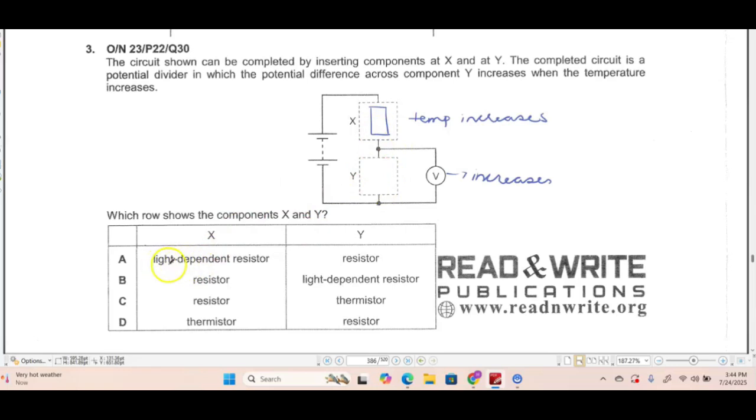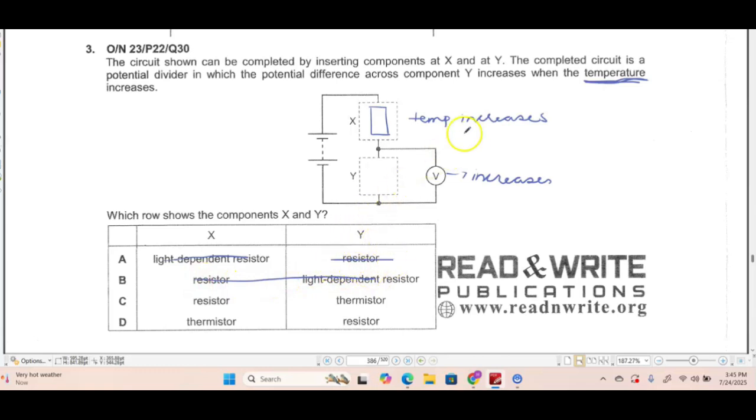So we have light dependent resistor and a resistor, light dependent resistor, thermistor and resistor. Now we can see in the statement of the question that they've mentioned temperature. So light dependent resistor is going to go out of the options.